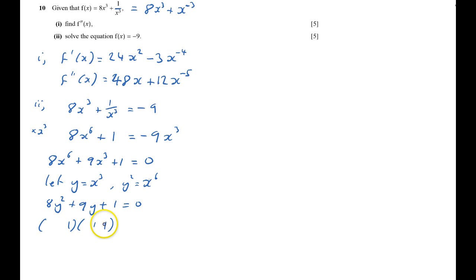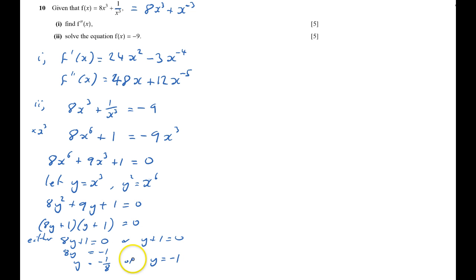Everything's plus, so the signs must be plus here. And I've got to get 8y, so it's obviously going to be 8y and y. And that equals 0. As always, my next word, you guessed it, either 8y plus 1 equals 0 or y plus 1 equals 0. So that says that 8y equals minus 1, so y equals minus an eighth, or y equals minus 1.